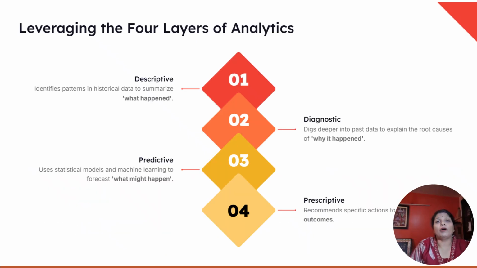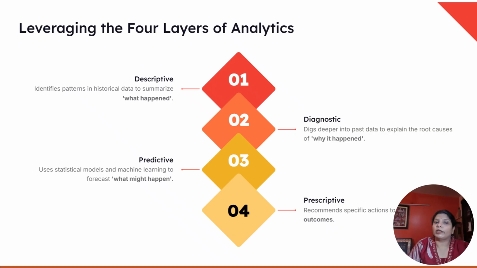Now with the help of the four pillars of business analytics, we divide the entire data and the stages of analysis. Descriptive statistics is the layer that focuses on summarizing historical data.